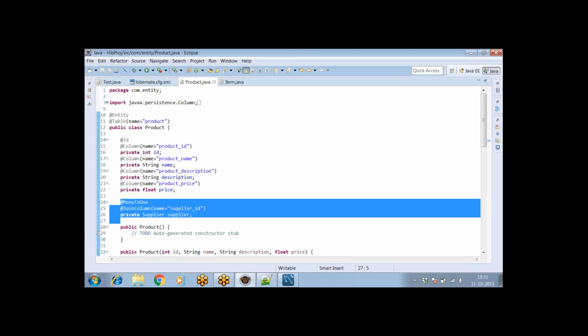It will follow eager fetching strategy itself. Why? Because you got just one supplier object associated to this product.